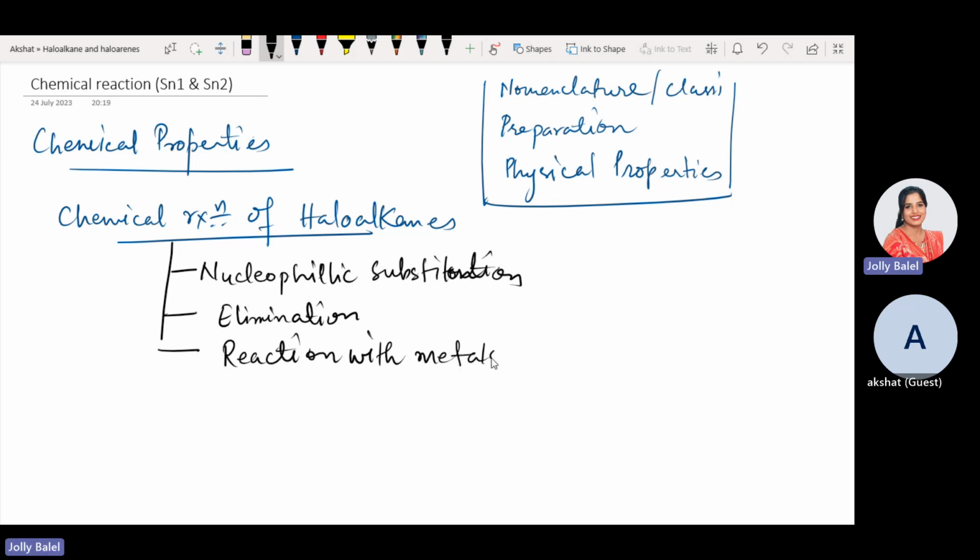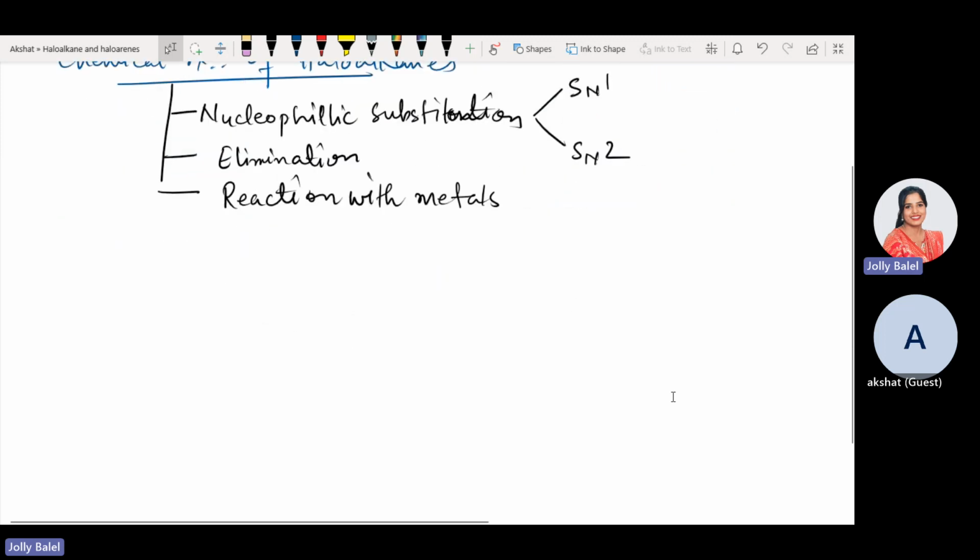Substitution reactions are classified as SN1 and SN2. Okay, so first of all we will discuss nucleophilic substitution reaction.